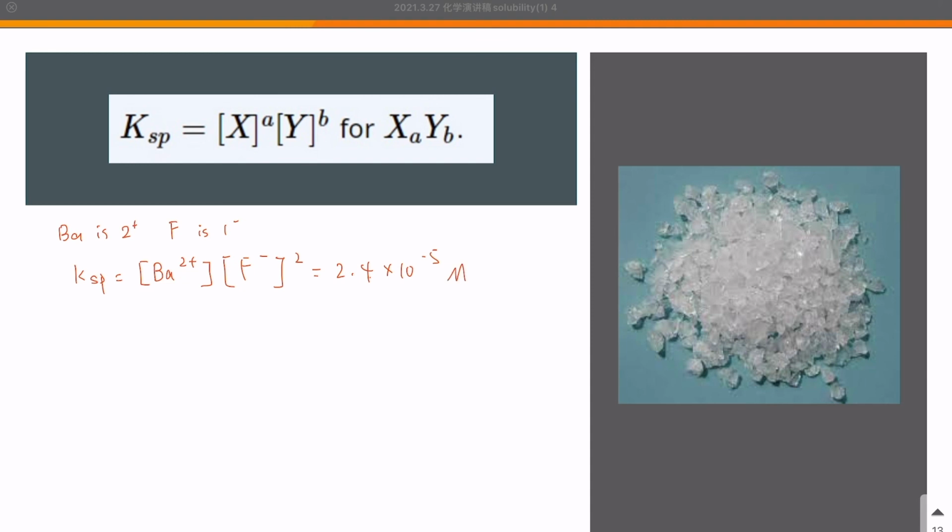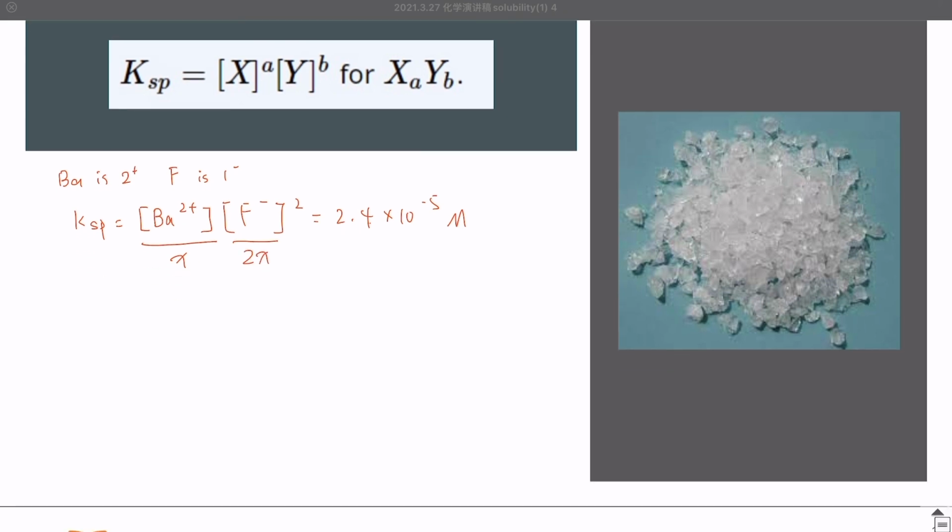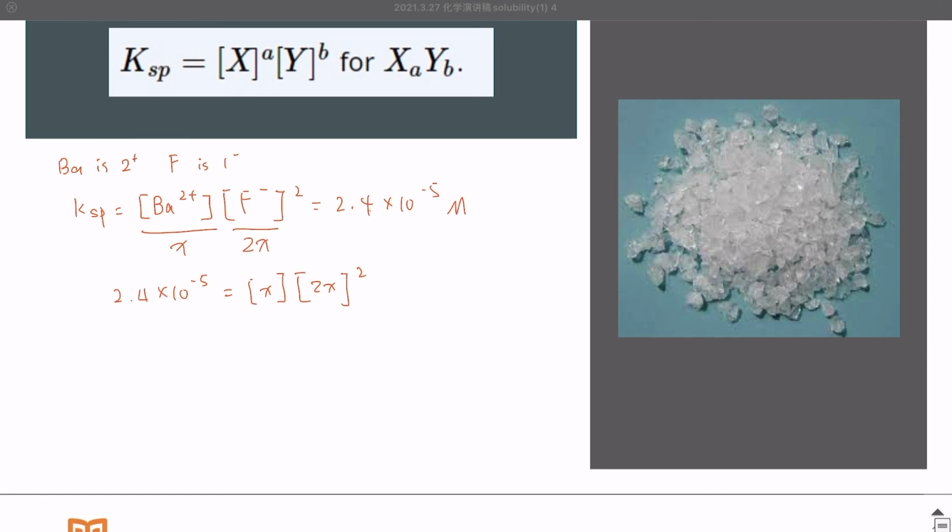We set Ba as x and F as 2x. So we get 2.4 times 10 to the negative 5 equals x times 2x squared. We simplify the equation.